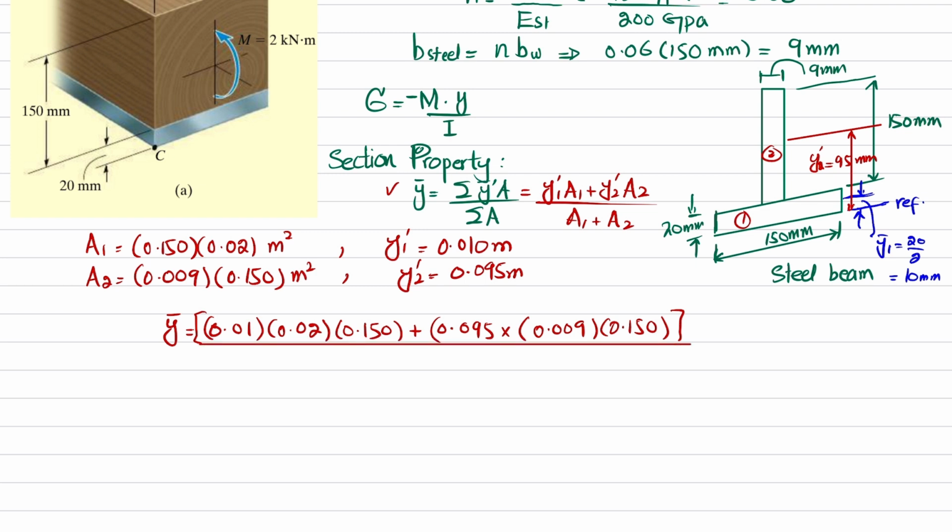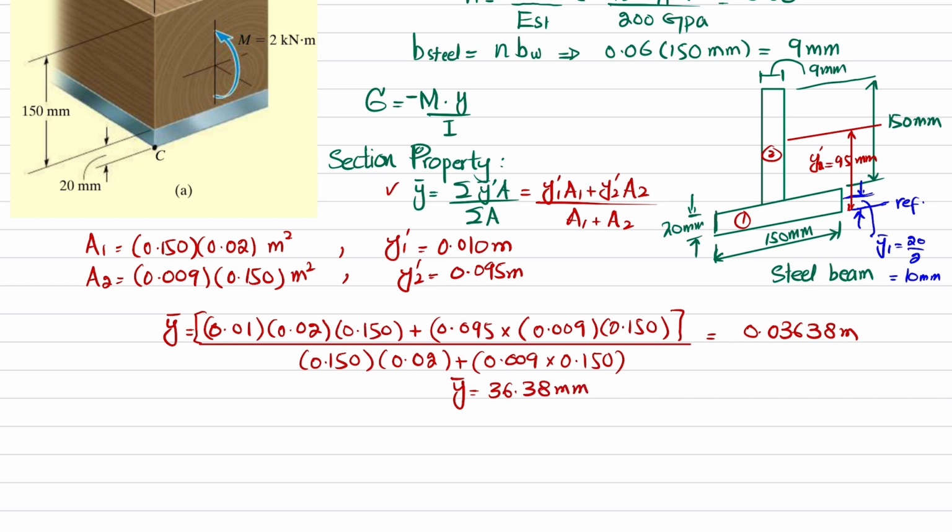So a1 is 0.150 multiplied by 0.02 plus 0.009 multiplied by 0.150. Okay, so when you solve this, you will get 0.03638 meter, or you can say y bar is 36.38 millimeter from the baseline.